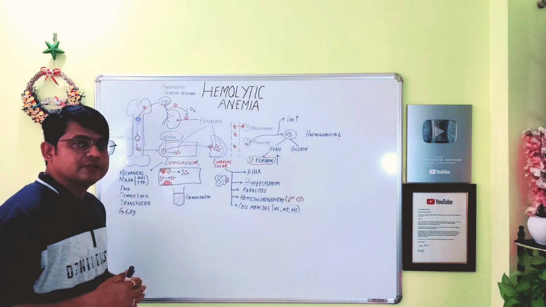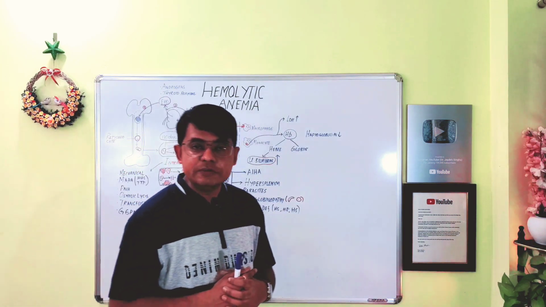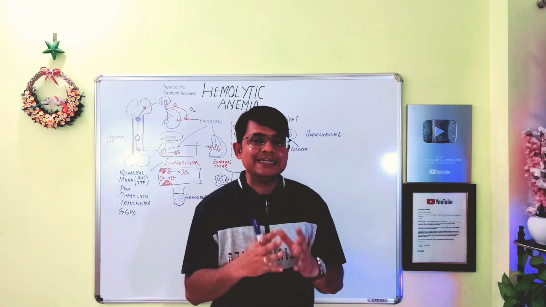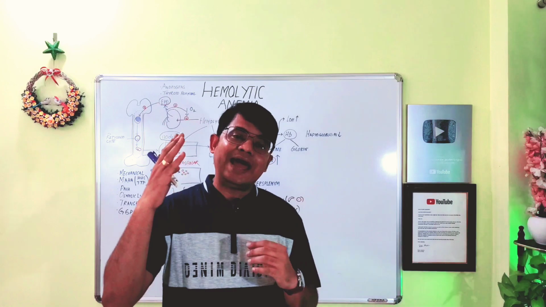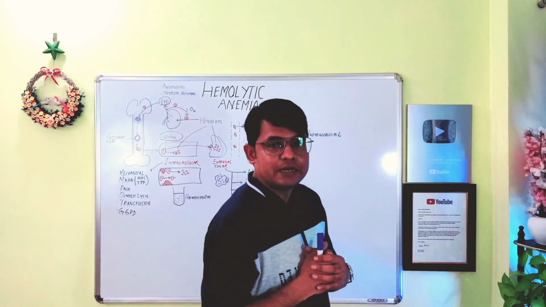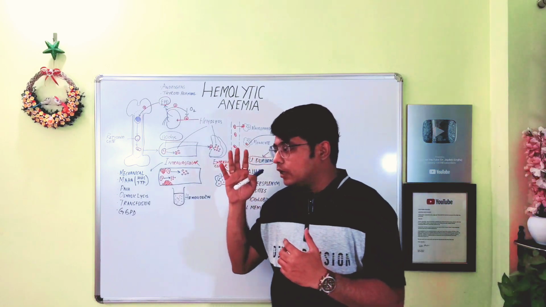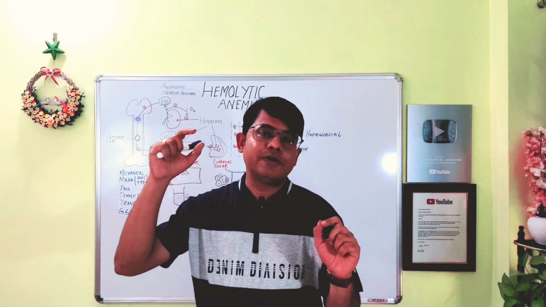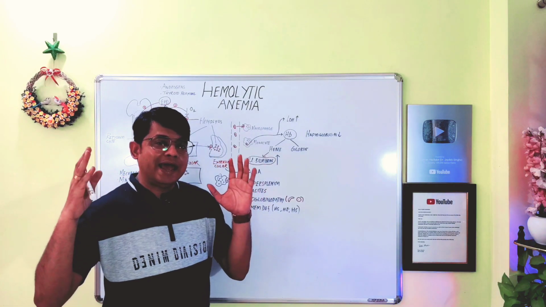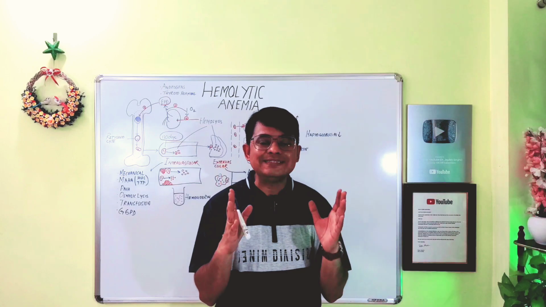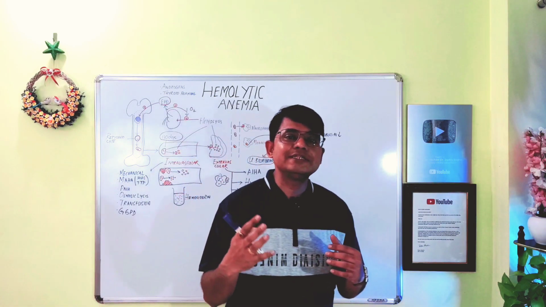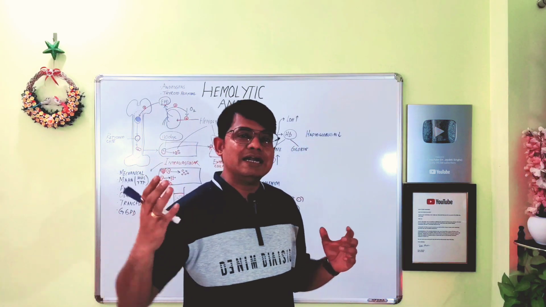Now what happens in case of hemolytic anemia? Hemolytic anemia is the condition when there is accelerated destruction of the RBCs. So what does it mean? It means that the normal lifespan of an RBC is 120 days, and accelerated destruction means that there is destruction of the RBCs at a much earlier phase.